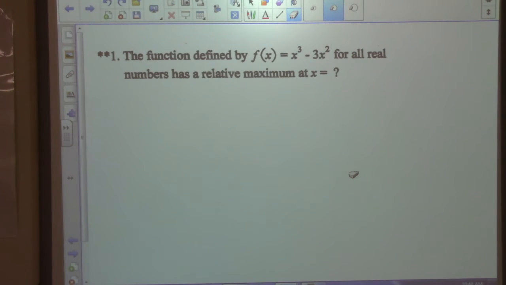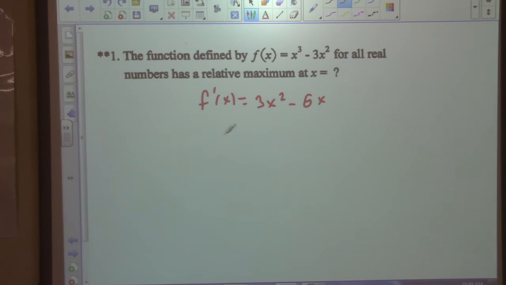Get that one. So we have to find where it's increasing, decreasing. Okay, Sam, it's the same thing we've been talking about, right? So we go ahead and take this, we're going to have f prime of x, and that's equal to 3x squared minus 6x, is that right?